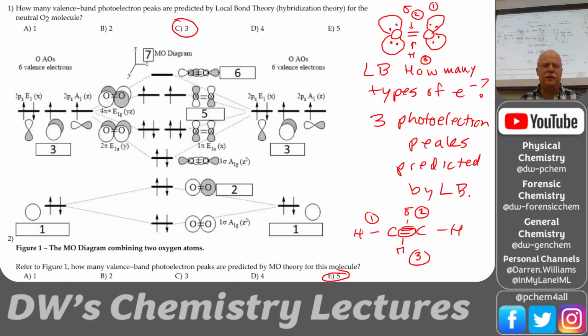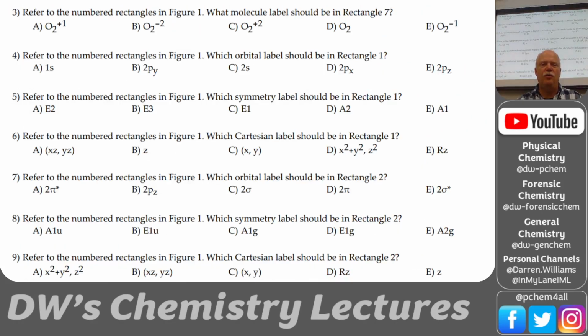We come in with 6 valence electrons each, so we should have 12 total. So we got 2, 4, 6, 8, 10, 12. So it's oxygen, no charge. So it's O2, not a cation, not an anion. If we only had 10 electrons, it'd be O2 2+.